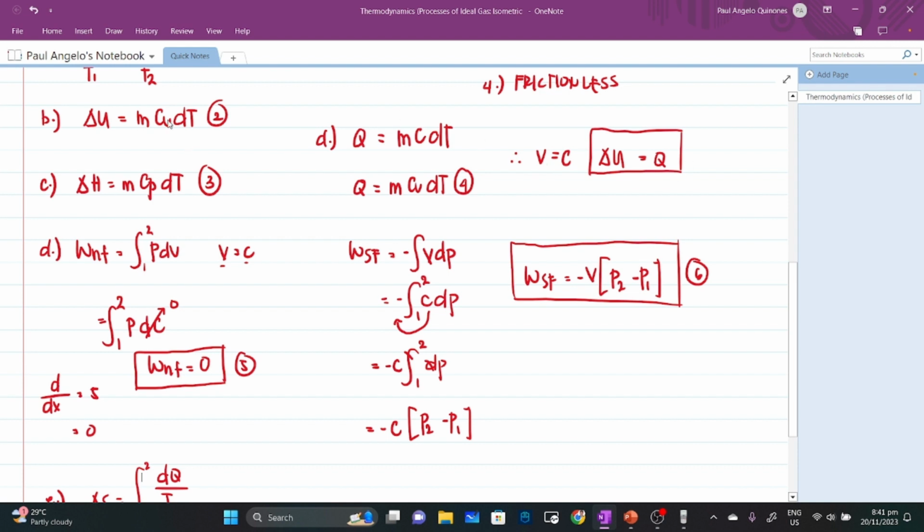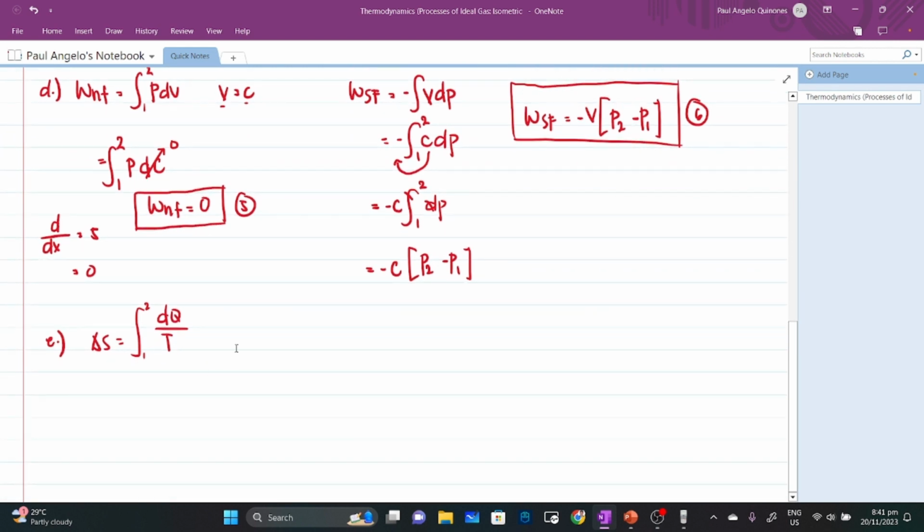So let's substitute dq in the equation of entropy. We will have from point 1 to point 2, dq is equal to delta U, which is given by m Cv dT over T.